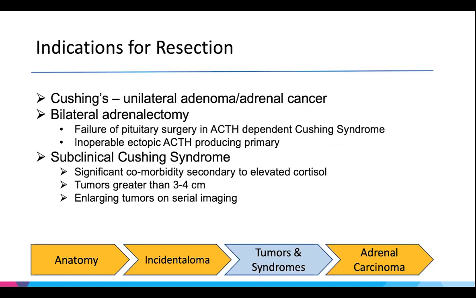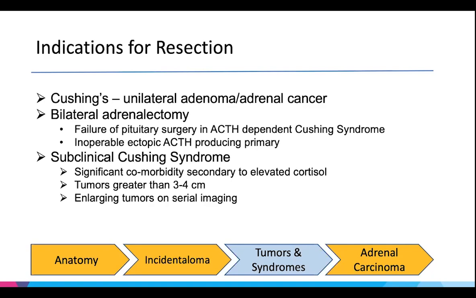Indications for resection for hypercortisol secretion, so Cushing's: if you have a unilateral adenoma or adrenal cancer. Bilateral adrenalectomy, again, if you have failure of pituitary surgery in ACTH-dependent Cushing syndrome, as we just discussed, or if you have an inoperable ectopic ACTH-producing primary and want to act at the site of the adrenal glands to prevent the symptoms of the hypercortisolism, even though you can remove the ACTH-producing primary tumor.